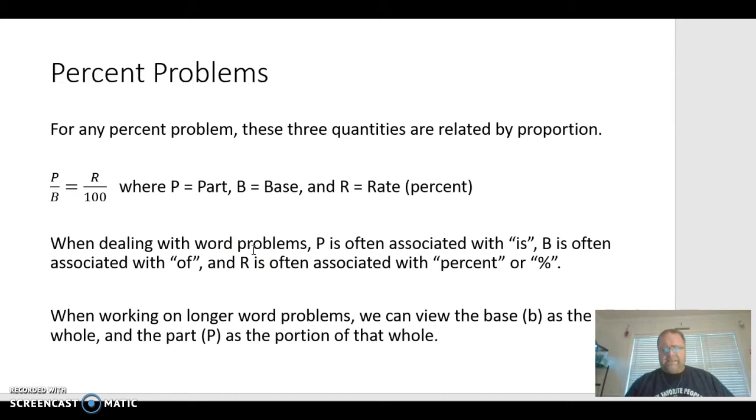So if I saw something that says is 7 or is 13.5, that number will usually go on the top of the first ratio here. And the R is associated with the percent, so I'm looking either for the word percent with that quantity, or I'm looking for a percent sign. If I see either of those, that's going to go here where it says R. And then I just cross multiply, divide, and solve. And we'll be looking at a few examples, including a longer word example at the end.